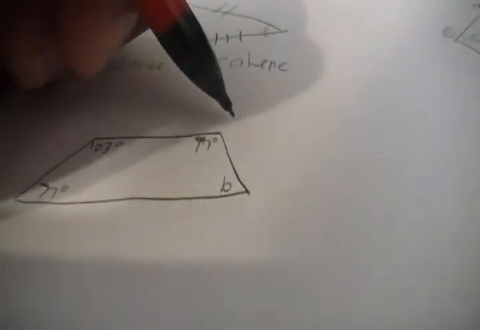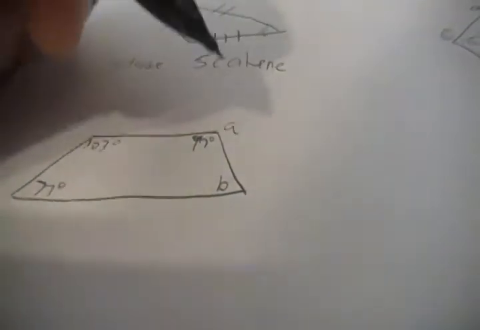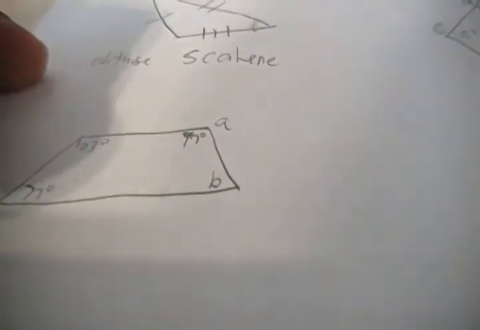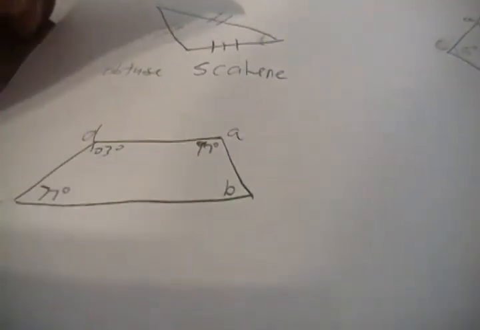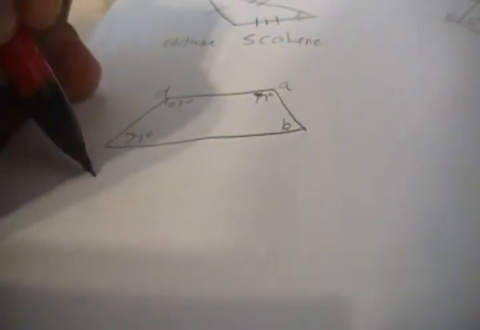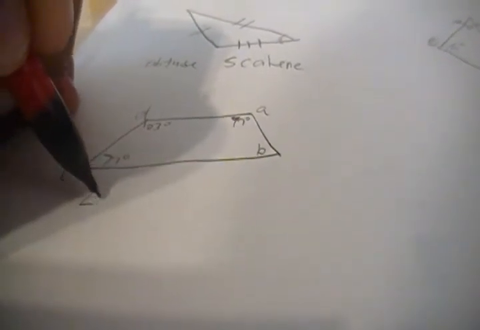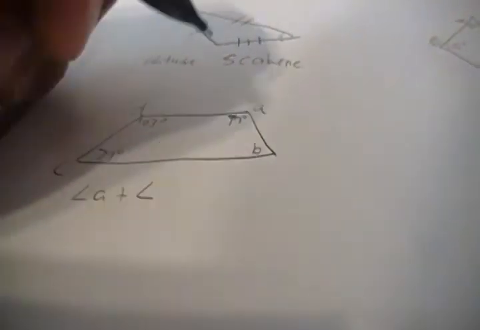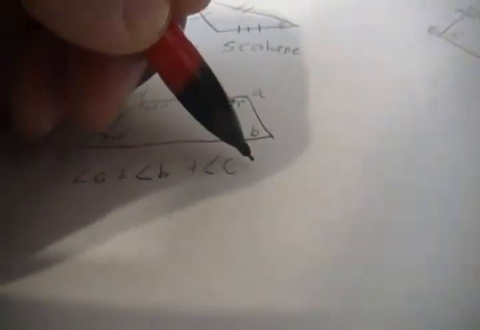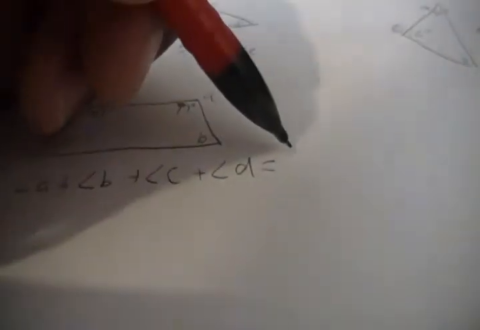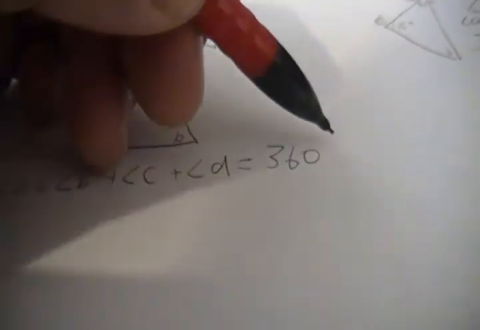So this is B, let's call this A, let's call this C, and we'll call this D. The way this formula works is angle A plus angle B plus angle C plus angle D, all 4 angles, has to equal 360 degrees.